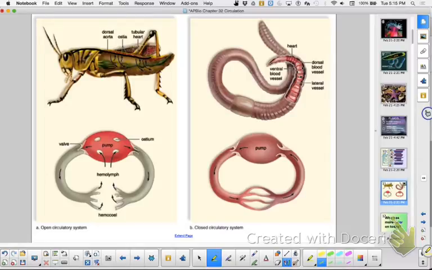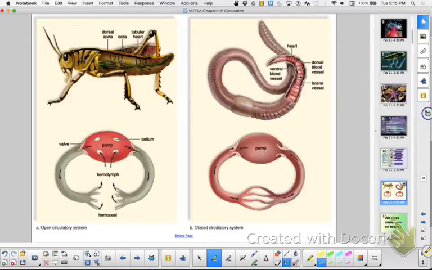Now let's talk about the gases. Grasshoppers have spiracles that run along the sides of their body. And instead of like you and I, where the air goes in and out of our mouth, they have these little holes running along the length of their body. And their tracheal system is branching tubules that go in and become smaller and smaller.